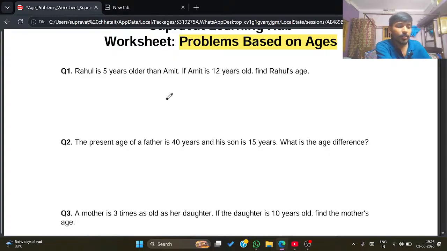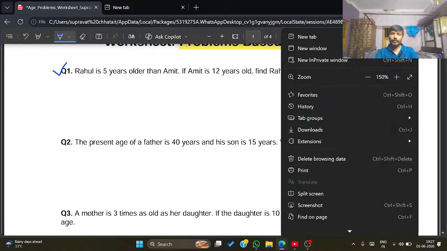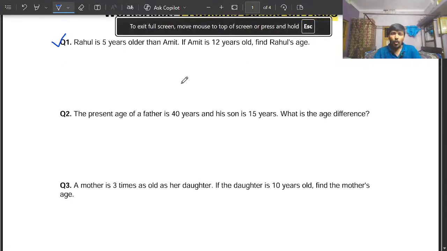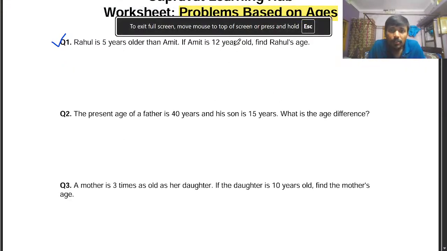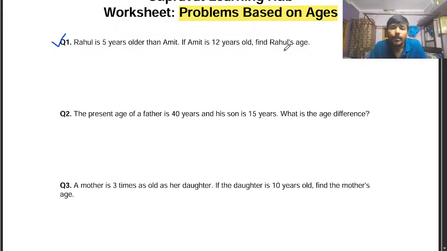I am solving some problems based on ages. In question 1, it said Rahul is 5 years older than Amit. If Amit is 12 years old, find Rahul's age. So Rahul is 5 years older than Amit.